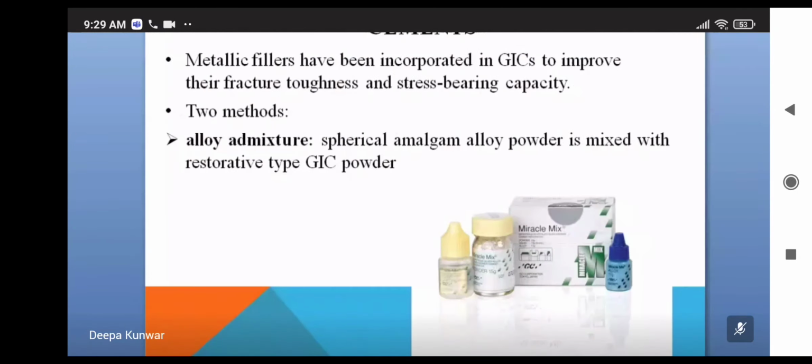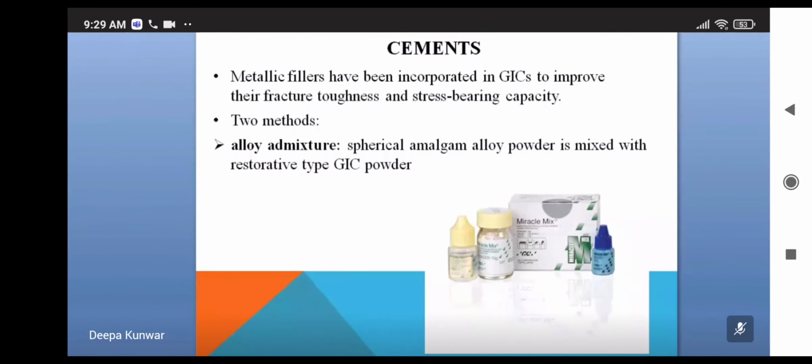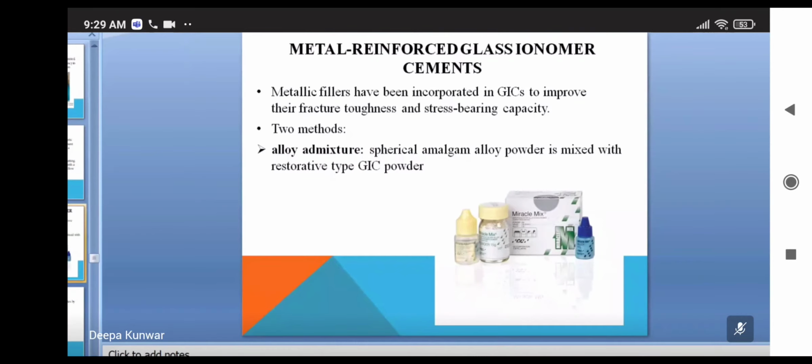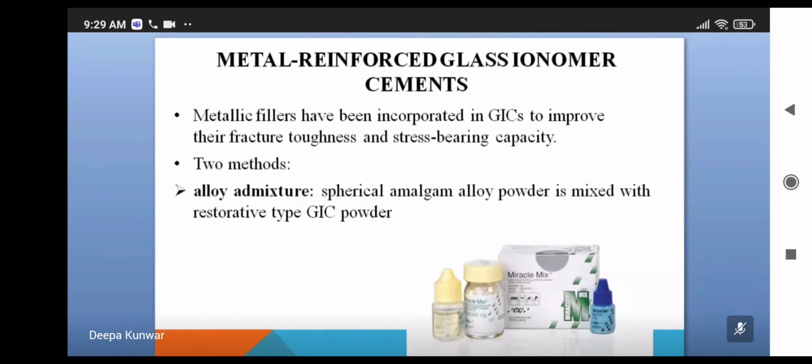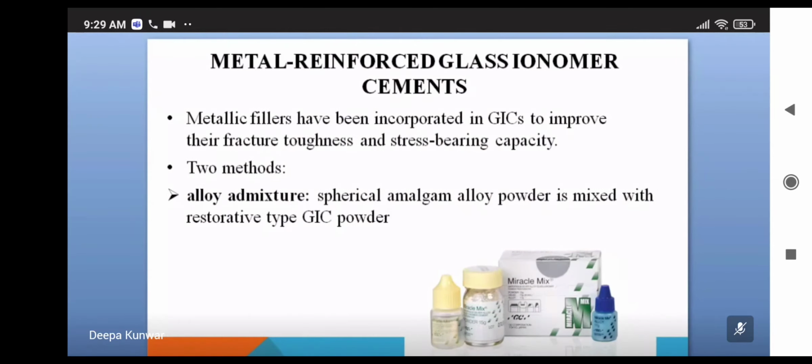Metal reinforced glass ionomer cement. Metallic fillers have been incorporated. Alloy admixture, that is spherical amalgam alloy powder, is mixed with the restorative type GIC. Look, it's the heading.